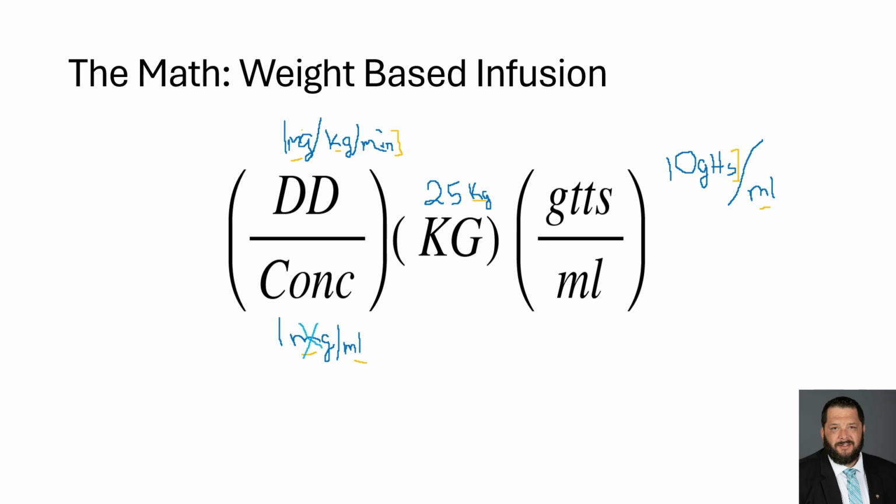Milligrams here cancels with milligrams here. Kilograms will cancel with kilograms. And milliliters will cancel with milliliters. We're going to be left with two terms, drops and minutes. Those two terms we're going to bring over to the side, and we'll just use drops per minute.